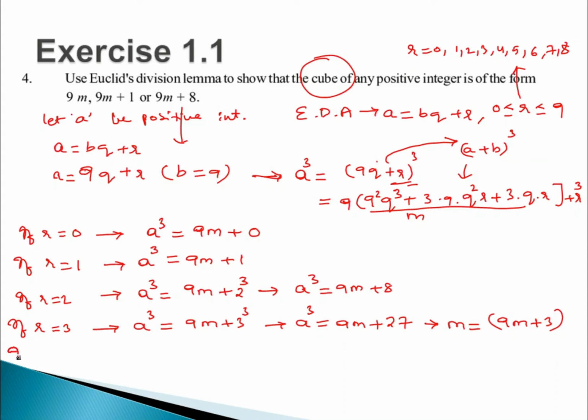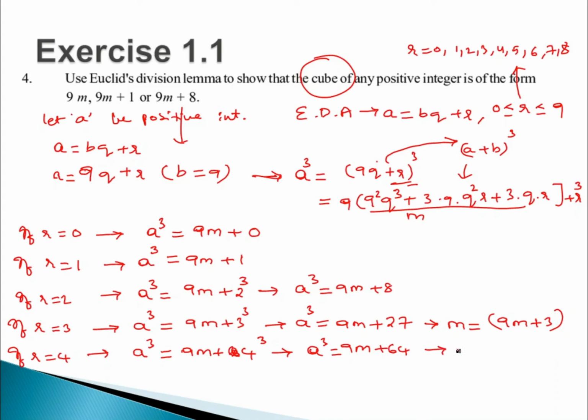Similarly, in the next step, if r equals 4, the resultant of mine is a cube equals 9m plus 64. Here the resultant of 64 means I need to do 4 cube. So I'll get a cube equals 9m plus 64.